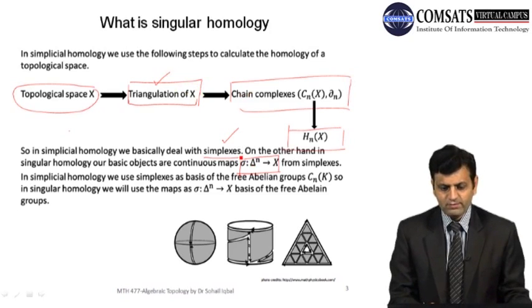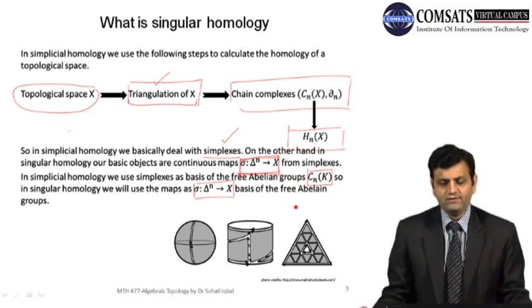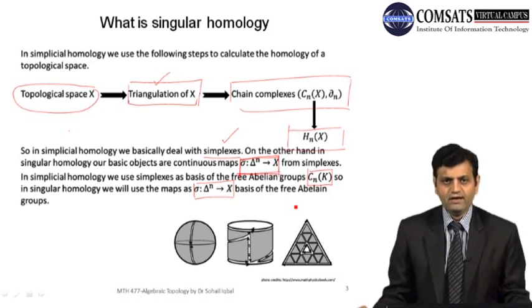Now instead of simplices, we are dealing with continuous functions from simplices to the topological space. In simplicial homology, we use simplices as bases of the free abelian group. In singular homology, we will use these continuous maps as bases of the free abelian groups. That's the basic difference between singular homology and simplicial homology.